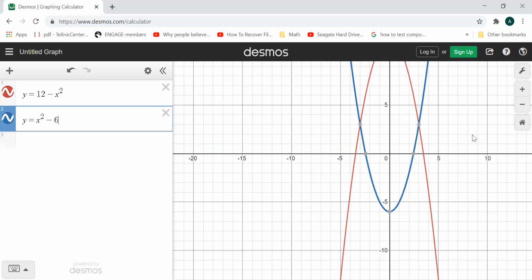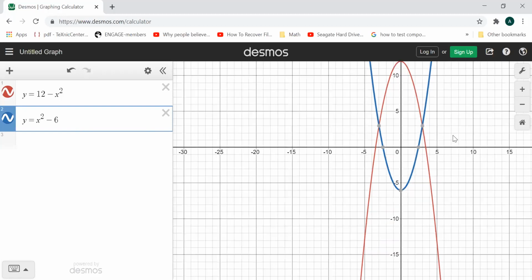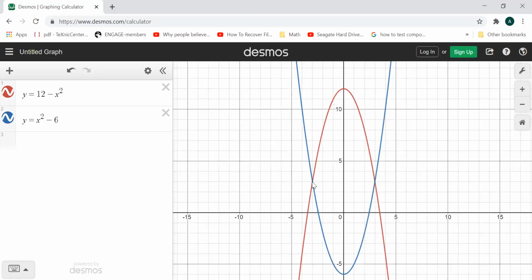All right, folks, so you can see what I'm talking about. We're talking about the area between these, this kind of egg-shaped area here. That's the area that we want to evaluate. And very important for this particular area is the intersection points.